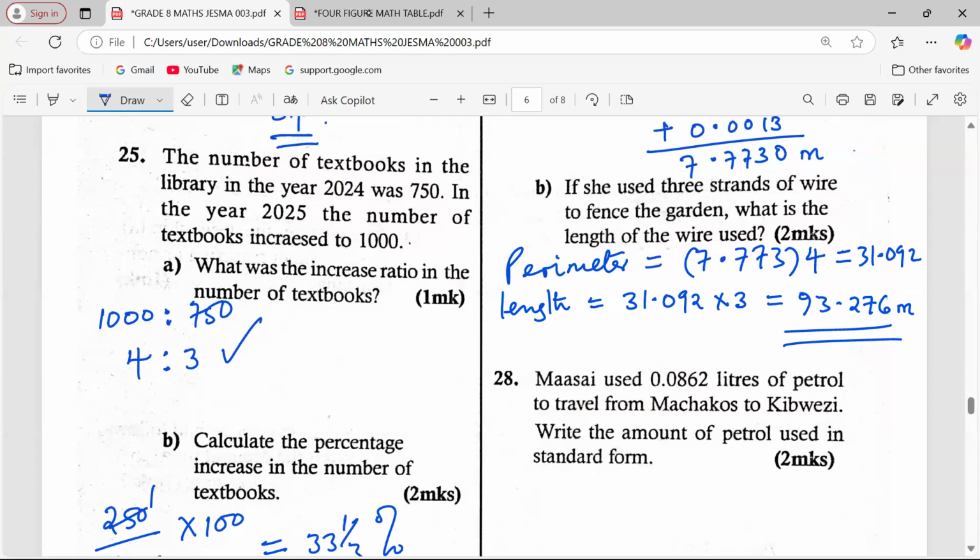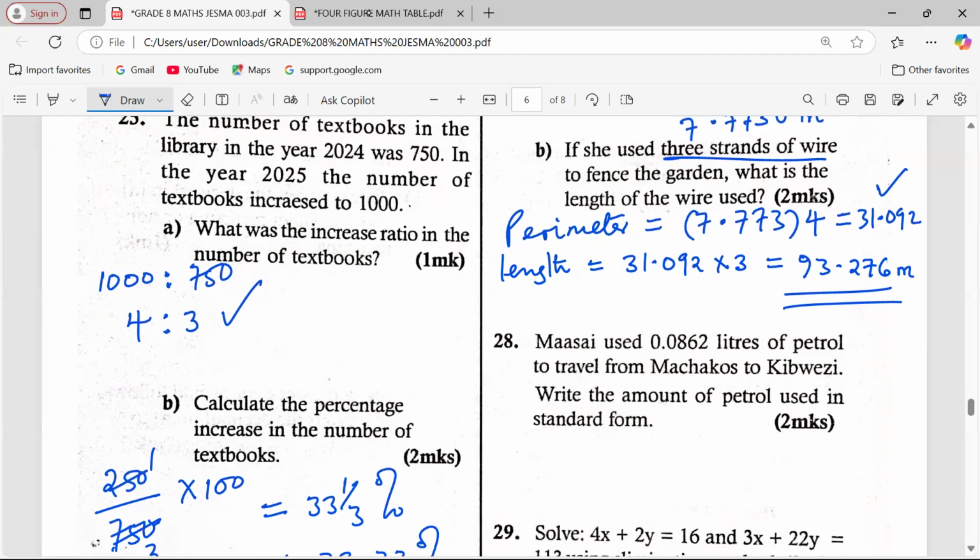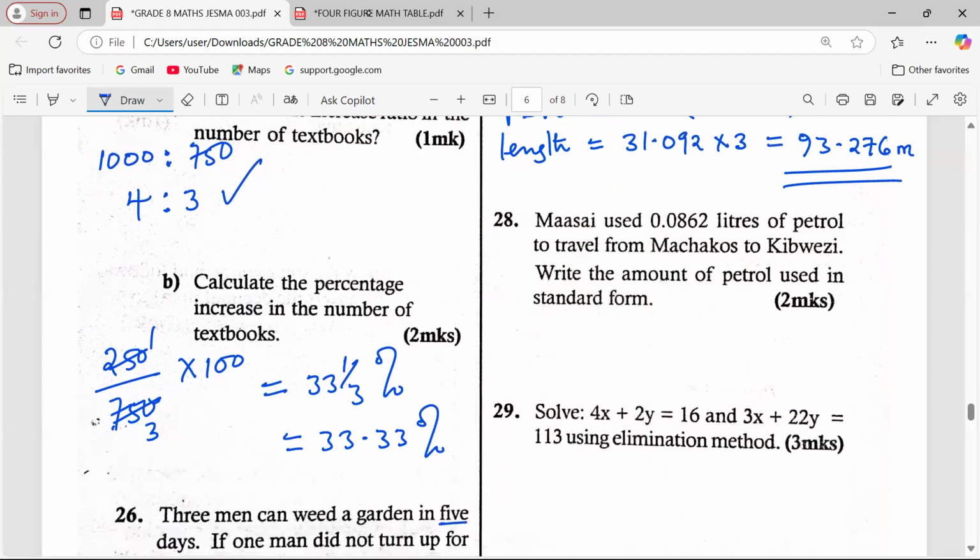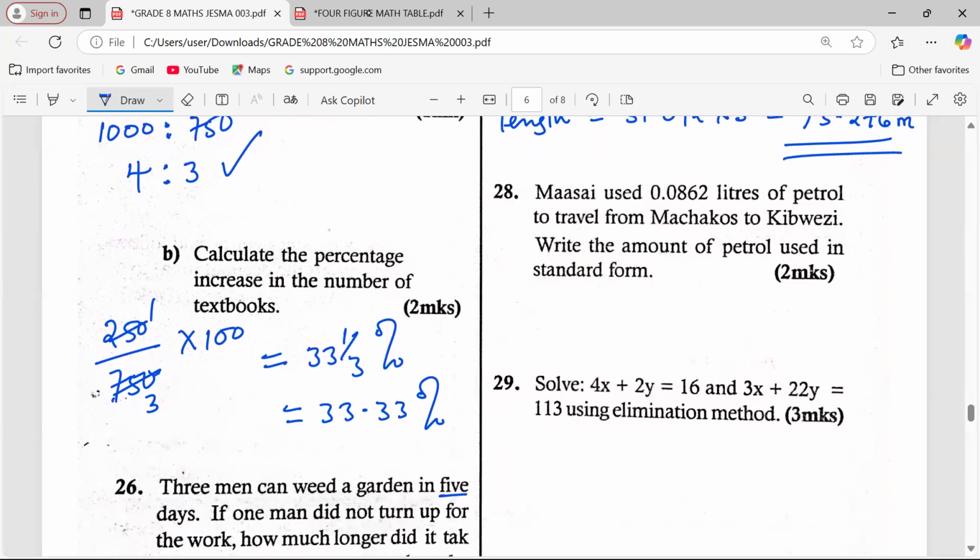So that is now the length which will be used. Because if the wire goes round once, it will be 31.092 meters. But now it has to go around 3 times. So the total length of the wire to be used is going to be 93.276.